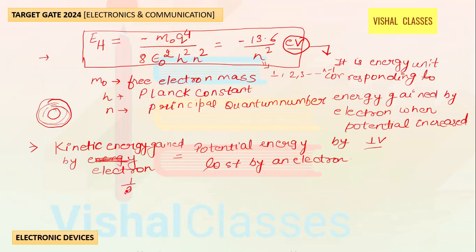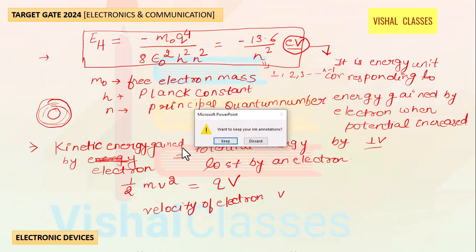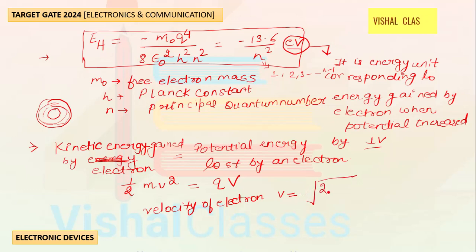Kinetic energy is half m v square, and potential energy is q into V. Then the velocity of an electron v is equal to root of 2 q V upon m.